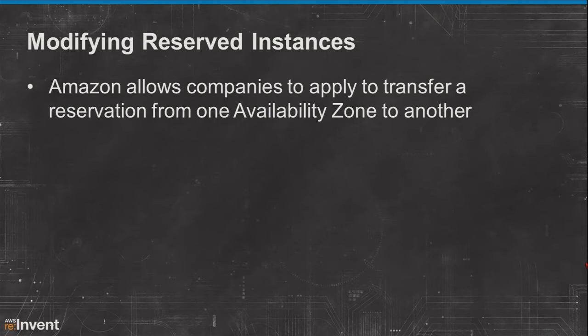In other words, you could have an RI in US East 1A, and you could move that to US East 1B. Pretty cool. And it really helps as you build out your infrastructure, especially if you're growing, to get things aligned exactly where you need them. This is not automatic, all right? You have to apply to make this transition happen.